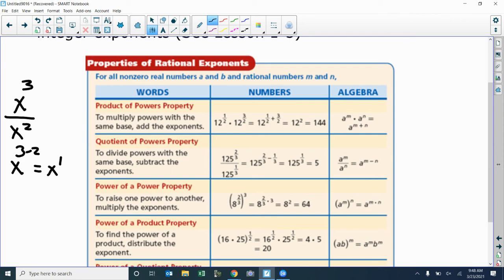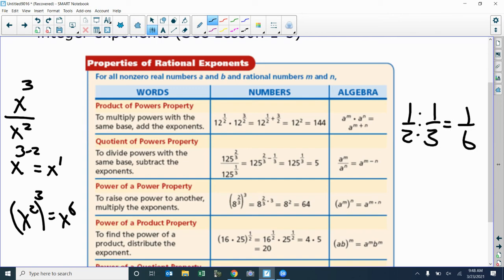We're going to do that same thing with fractions. But remember, when you add fractions, you got to have the same denominator, okay? Now, we could say x squared and raise it to the third. We multiply there, and that would be x to the sixth. Well, when you multiply fractions, remember how you multiply fractions? If you had 1/2 times 1/3, that would be 1/6. You just multiply straight across.